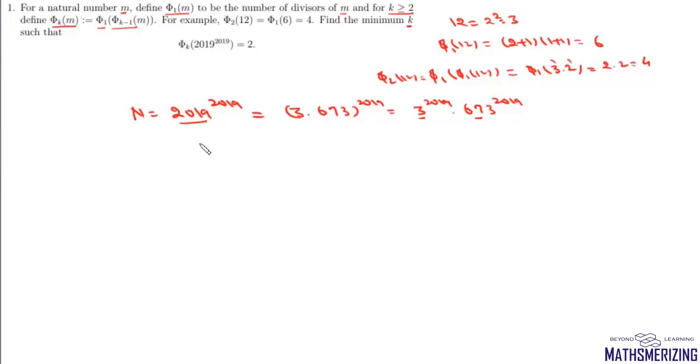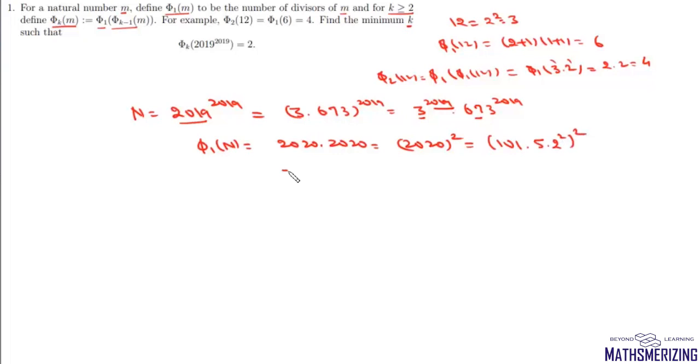So now we'll write phi 1 of n. It will simply be 2019 plus 1, so there will be 2020 into, now here again it will be 2020. So we can write this as 2020 whole square. Now 2020 is 101 into 5 into 2 square, whole square.